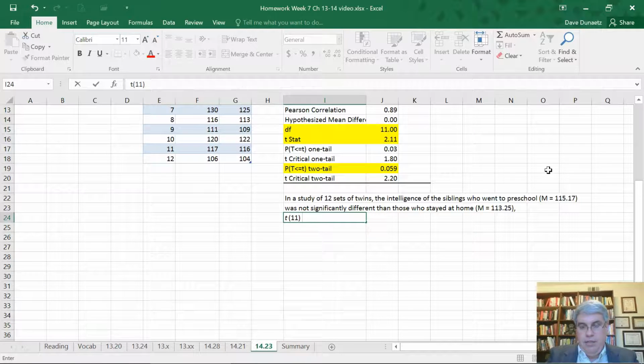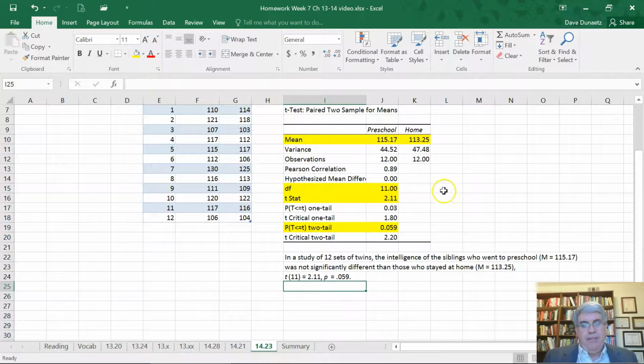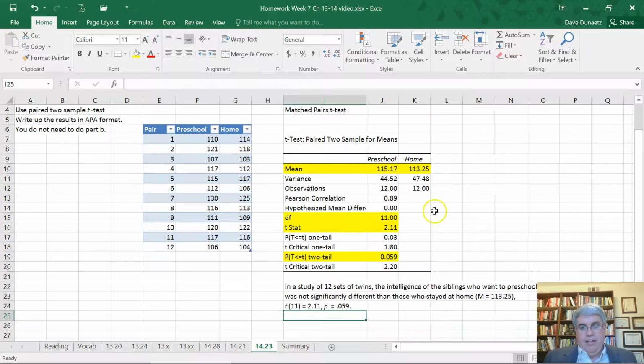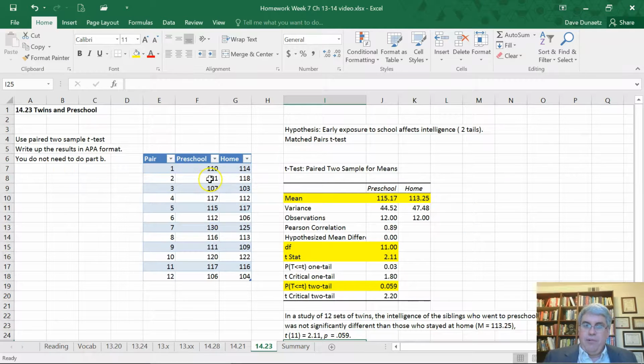That equals 2.11, and the p-value, Ctrl+I, p, Ctrl+I, equals 0.059. So even though there's a slight difference, it wasn't significant. And so we have to conclude that we don't have strong evidence that there's going to be a difference in IQ for kids that go to preschool and those who stay at home when they're little kids.